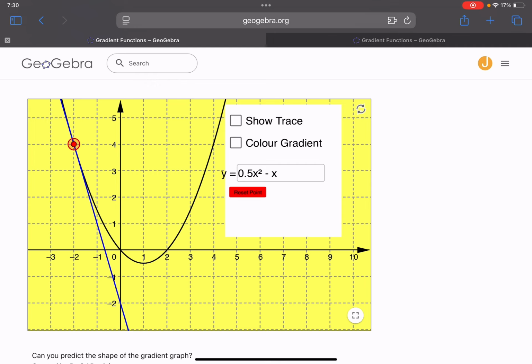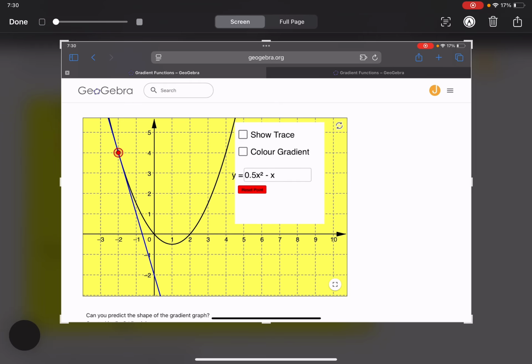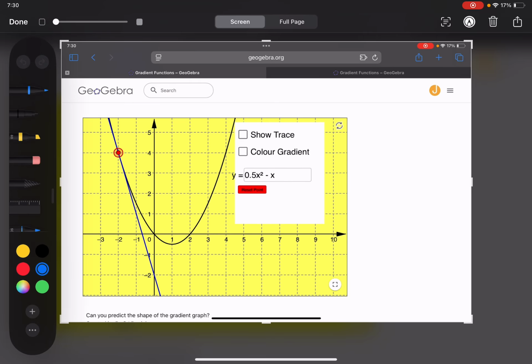So for example, when x is minus 2, the gradient at that point there is minus 3. I know it's minus 3 because if I go along 1 square in the x direction there, I go down 1, 2, 3, so the gradient there is minus 3.